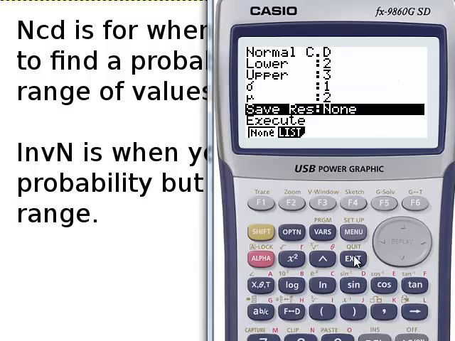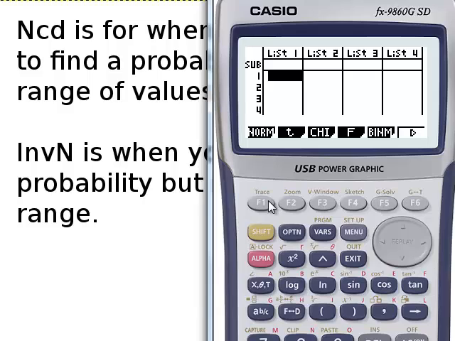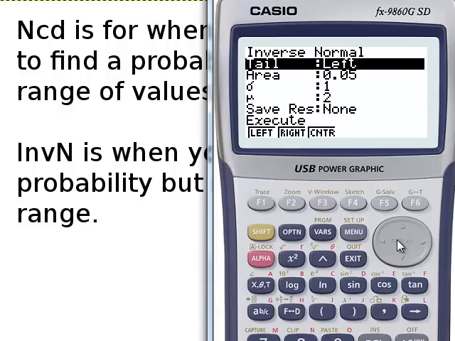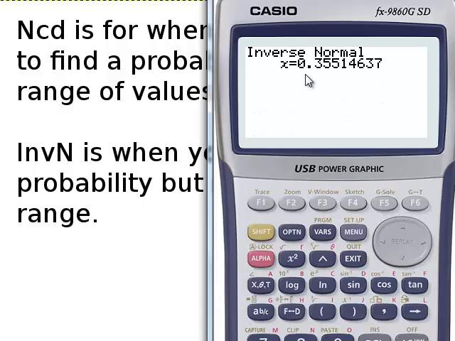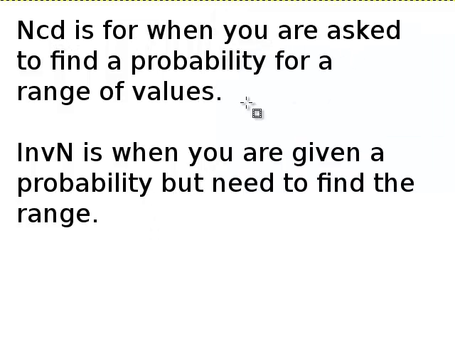However, when we have the probability, we use inverse normal. There we say which area we want, the standard deviation and the mean, and the result is the number that is the border for that probability. NCD for when you want to find a probability, inverse normal for when you have a probability but need to find the endpoint.